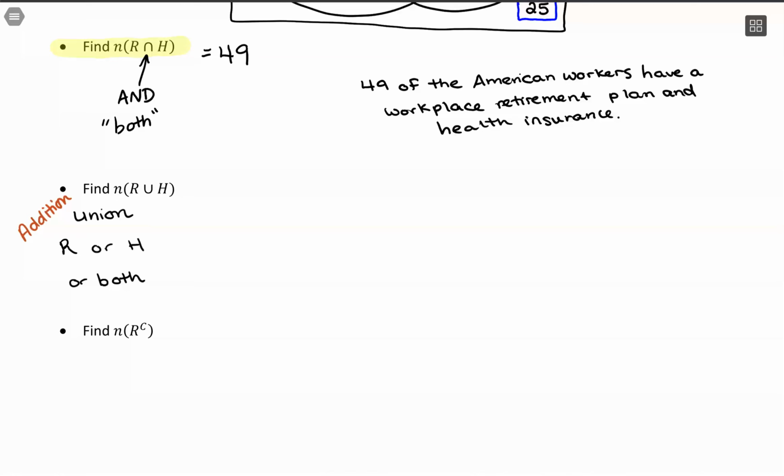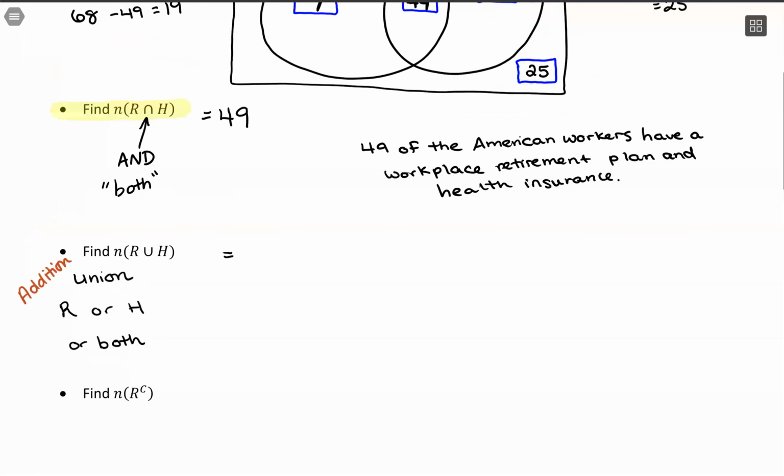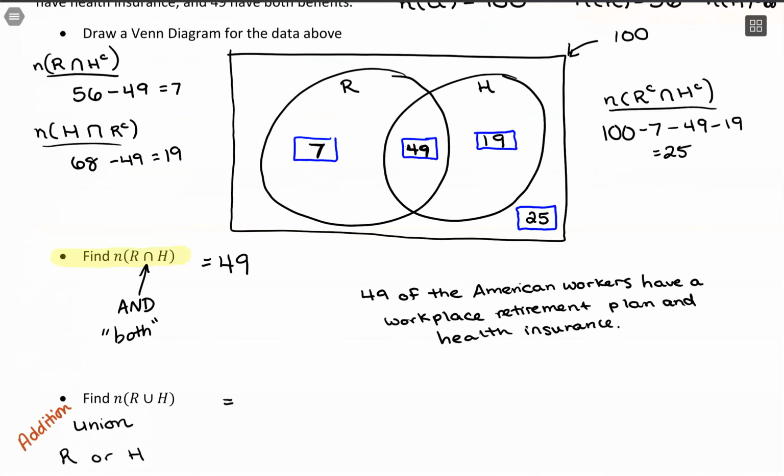So the direct way to see this, without using the rule that's down below, the direct way to see this with the picture up above, again, in terms of what I want to calculate with this, in the picture, it's represented as this overall area. It would be retirement plan, or both, or health insurance. So what you could do is just add up those cardinalities. So take 7 plus 49 plus 19, which will be 75.